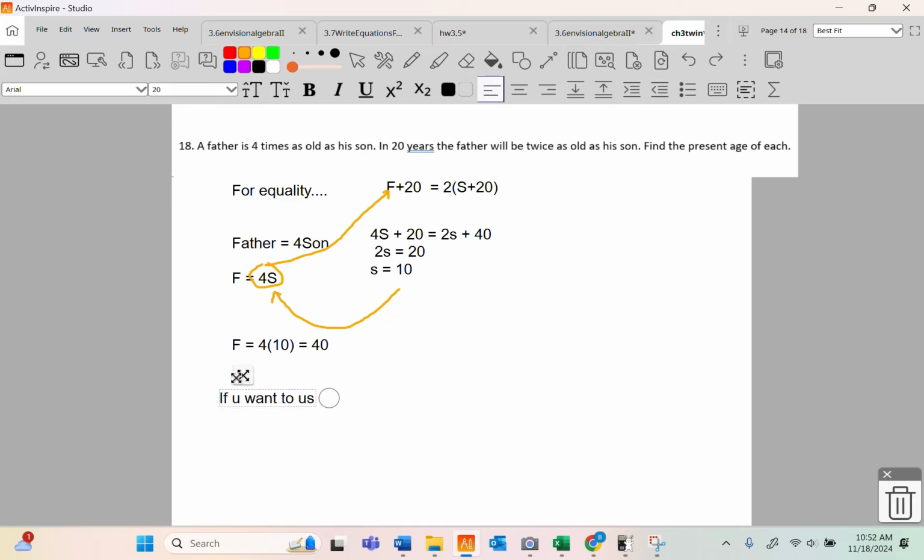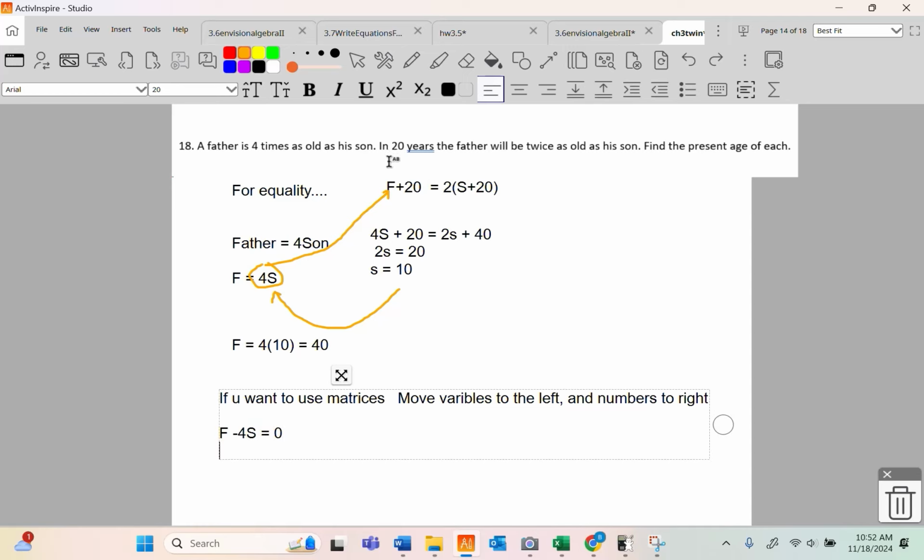Now, I mentioned you could use matrices. So if you want to use matrices, you're going to have to set up each equation. You're going to have to move variables to the left, and any numbers to the right, because that's how we do it with matrices. So F equals 4S becomes F minus 4S equal to 0.